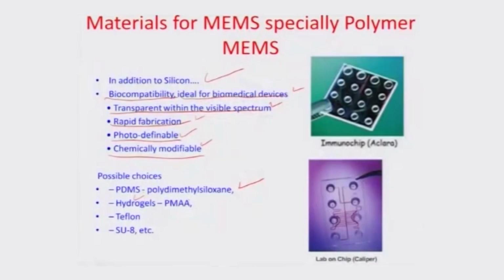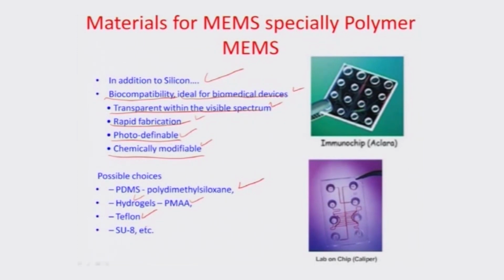So, that is how hydrogels are very important. PMMA, polymethyl methacrylate, which is an e-beam resist, is a very useful MEMS material for micro nano work. And then, of course, Teflon, which is highly hydrophobic in nature, with a contact angle of around 120 degrees or so at room temperature.